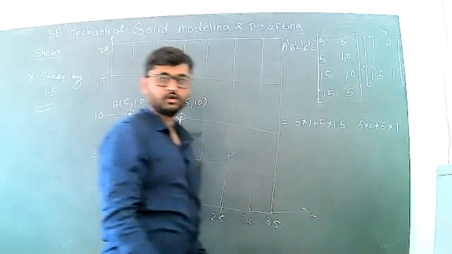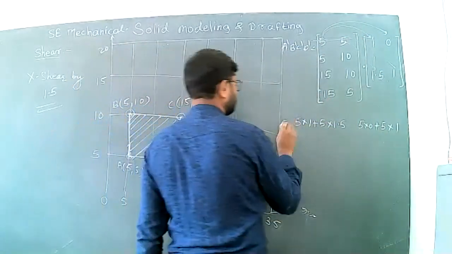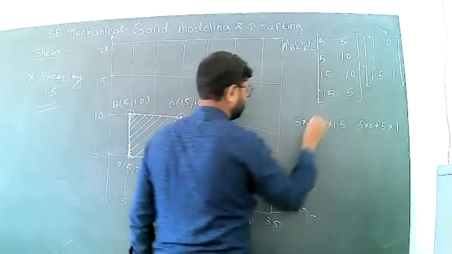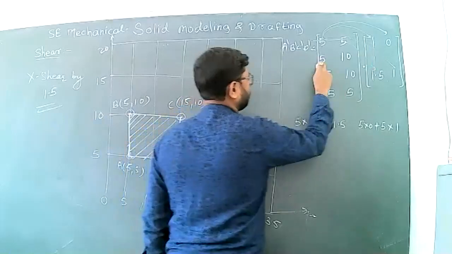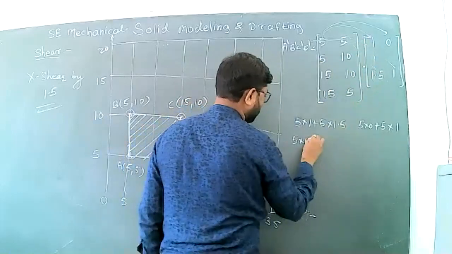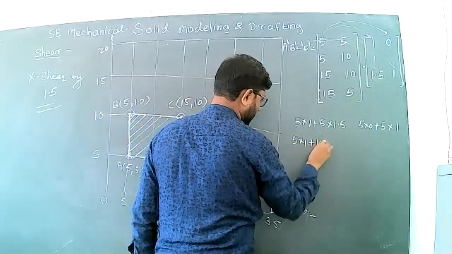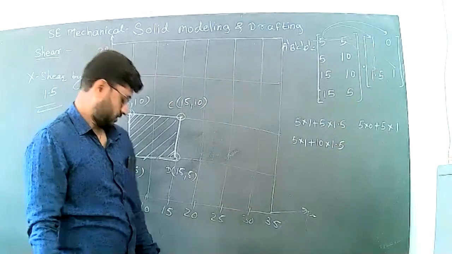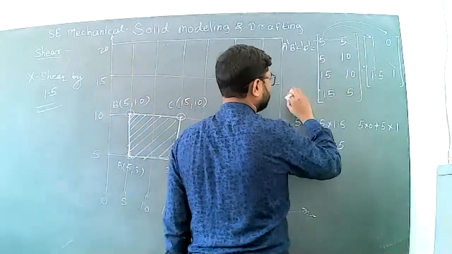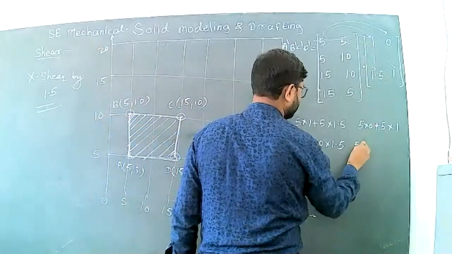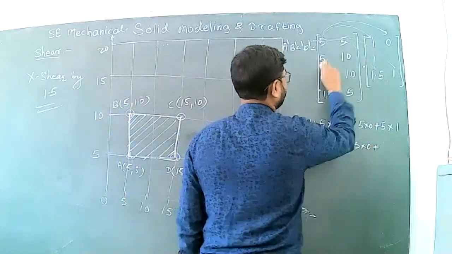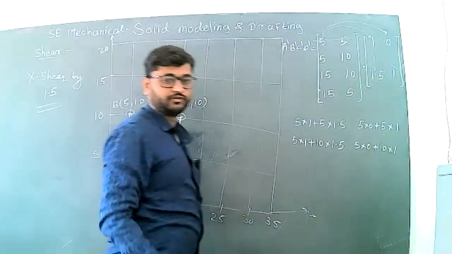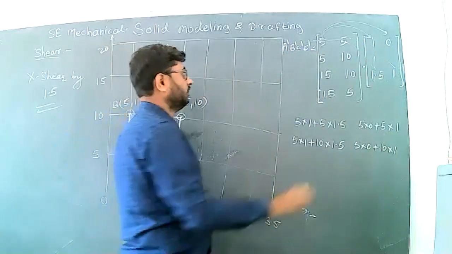For the second row, first element, 5 into 1 plus 10 into 1.5. Therefore, second element, 5 into 0 plus 10 into 1.